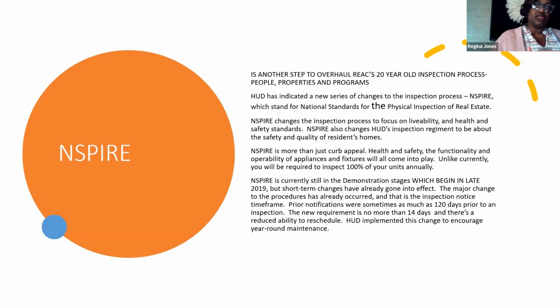But to go from there to 14 days, they have reduced the ability to reschedule and reduced the amount of time of notification for inspection. And this was done to encourage year-round maintenance. So that is one of the big changes for INSPIRE, that notification change.